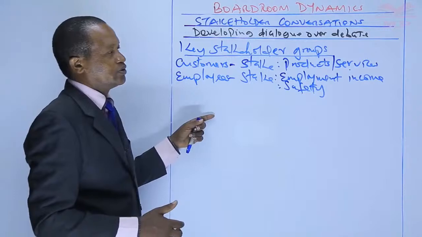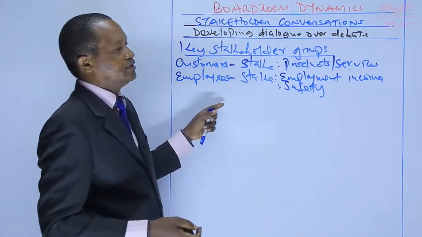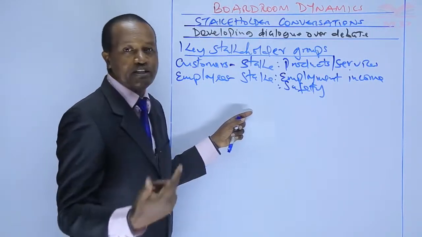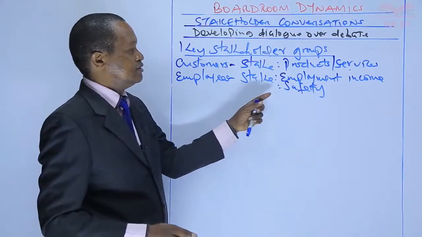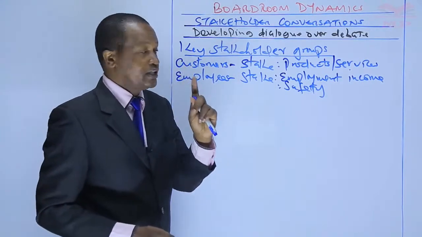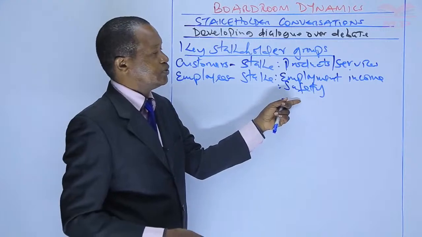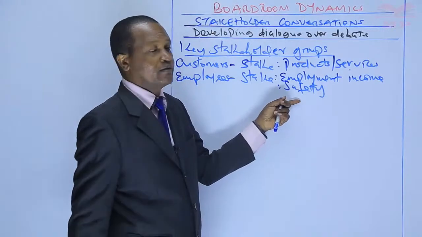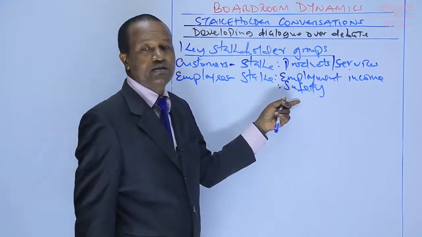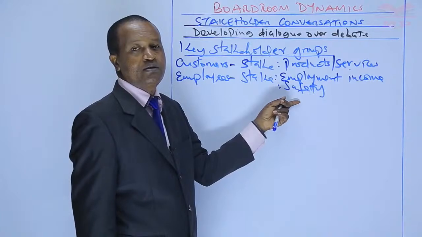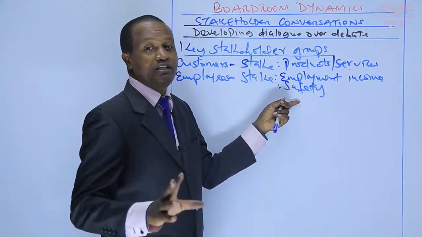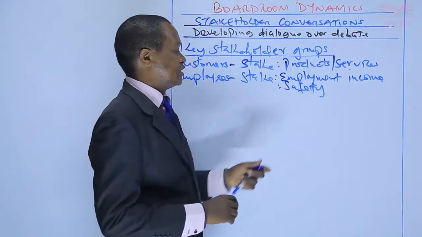Employees working on construction sites, on roads, one of their key interests is their safety. Employees working in the transport sector, drivers, all right, their safety is very important to them.